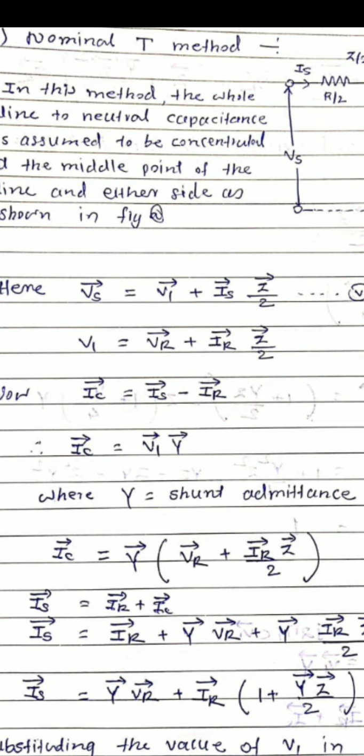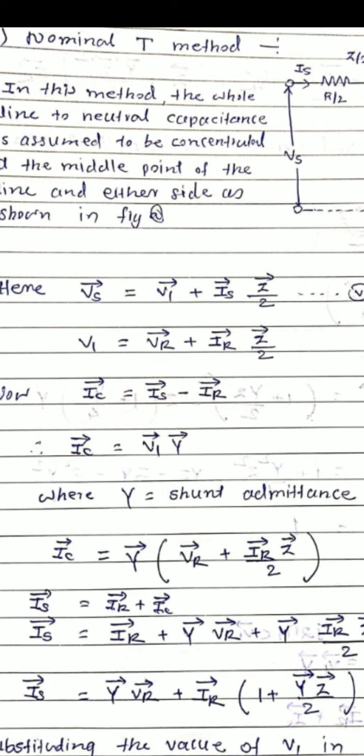Put the value of V1 in IC: IC is equal to Y in bracket VR plus IR into Z divided by 2.